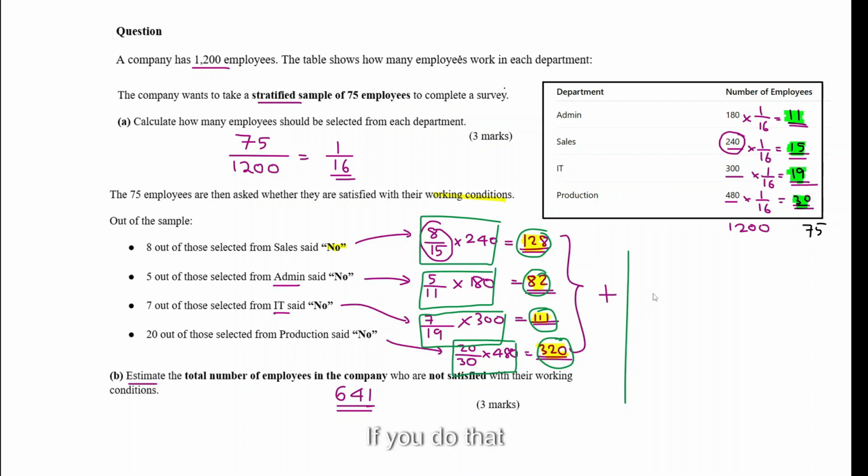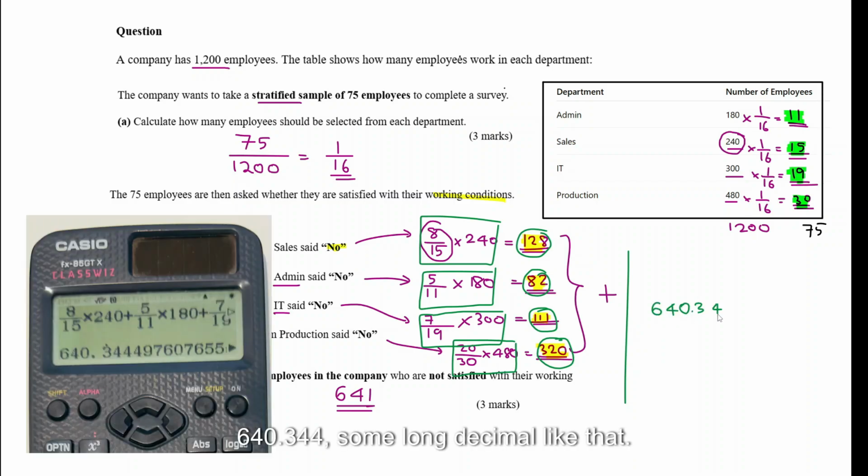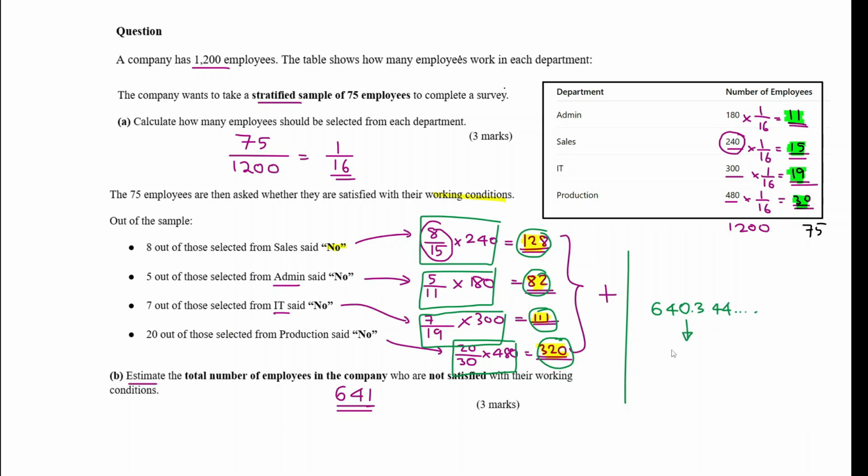If you do that on your calculator, you're going to get 640.344, some long decimal like that. Then we can round it to the nearest whole number, because again it's a number of employees, and we can call it 640.